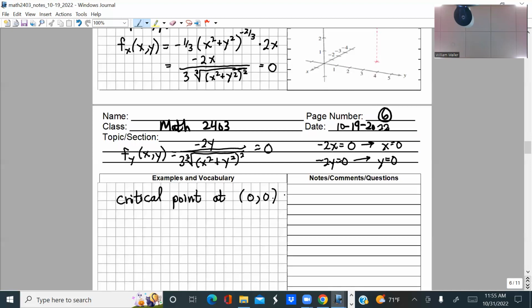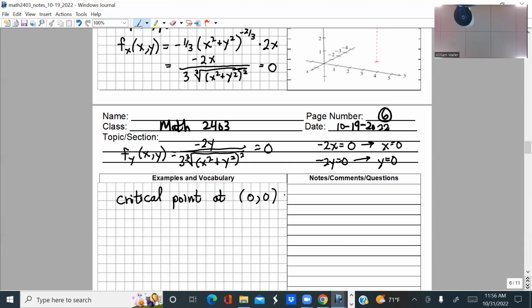I could have figured out right here, before I even bothered to take the partial with respect to y, that 0, 0 is going to be a critical point. Do you know why that's the case? If I just had the partial with respect to x, how could I have deduced immediately that 0, 0 is going to be a critical point? Because how do you get critical points? You get critical points when the two partials are 0. That's how we arrived at 0, 0 this way.